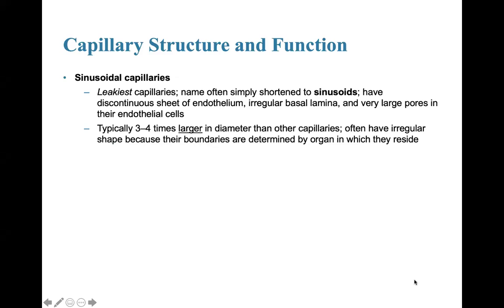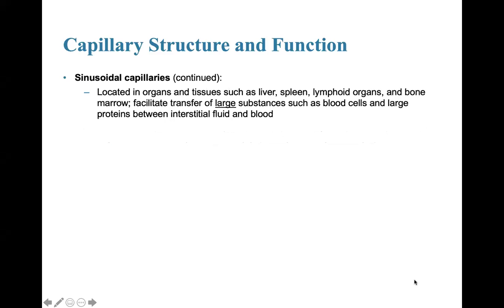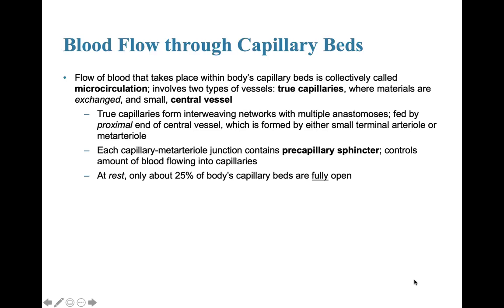These are typically 3 to 4 times larger in diameter than other capillaries, often have irregular shape because of their boundaries, and are determined by the organ in which they reside. Sinusoidal capillaries are located in organs and tissues such as the liver, spleen, lymphoid organs, and bone marrow, which facilitate the transfer of large substances, such as blood cells and large proteins, between the interstitial fluid and the blood.